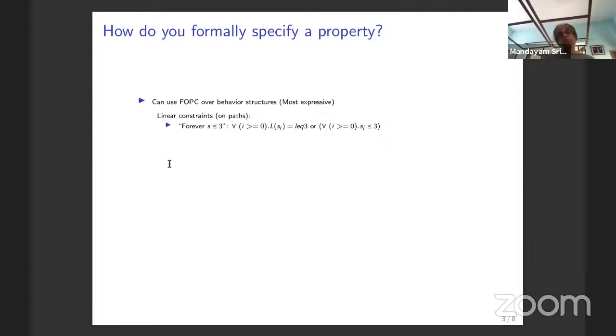Given those two things, model checking is an automatic way of checking if a particular model satisfies a given property. Now I'm asking you, how do you formally specify a property?